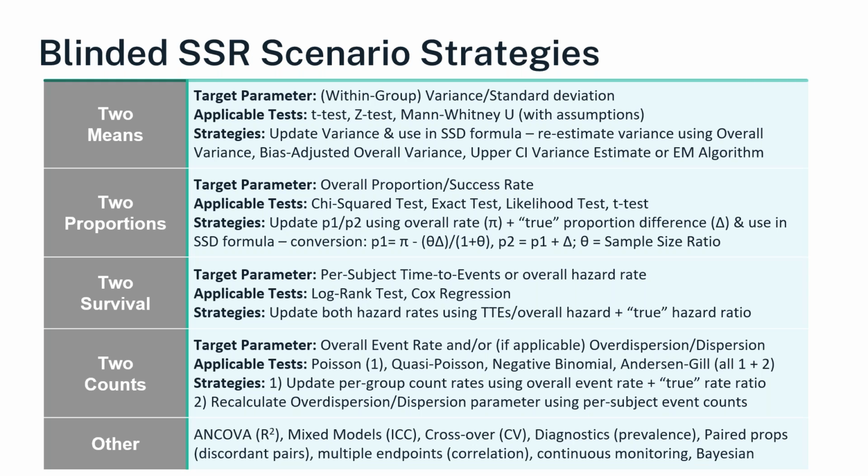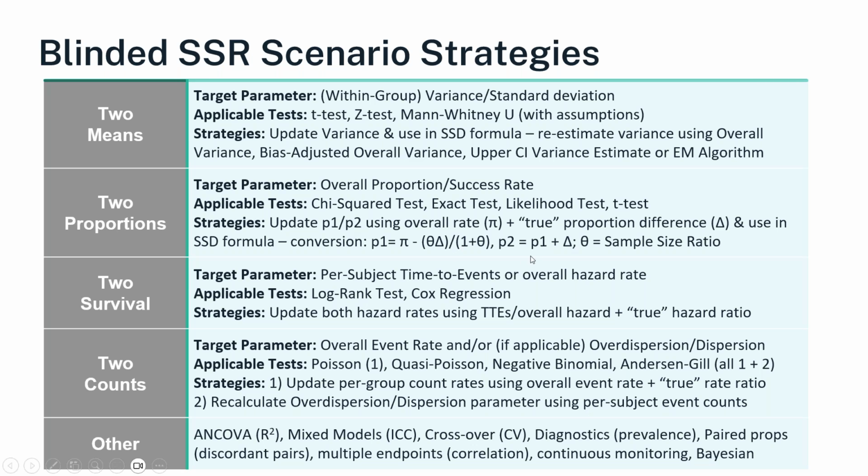Now, there are technically some more complex approaches to survival, but the most common one you'll see is to calculate the overall exponential hazard rate and then use that to recreate, given some hazard ratio, what we believe the updated hazard rates to be.